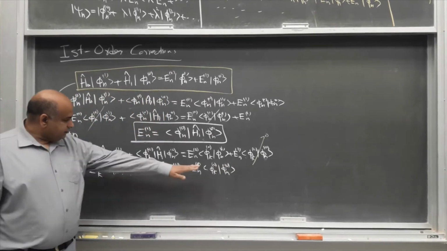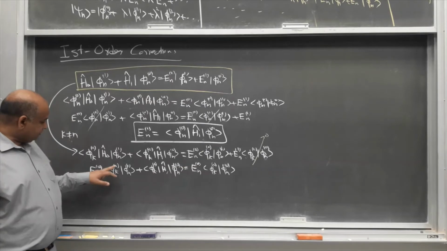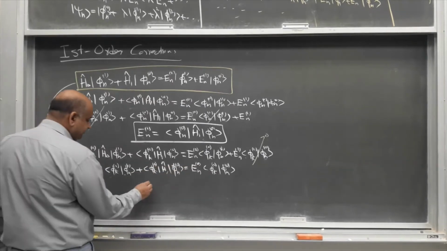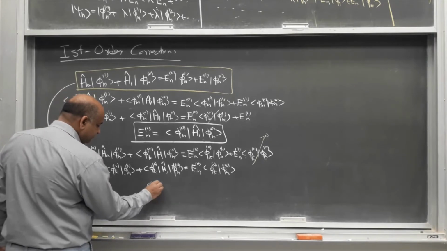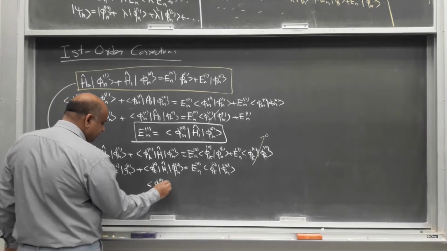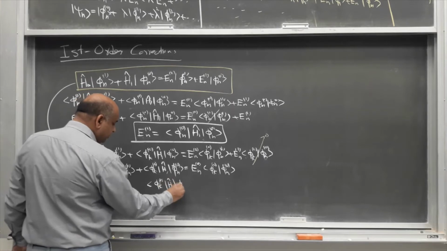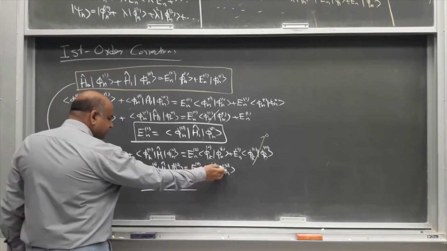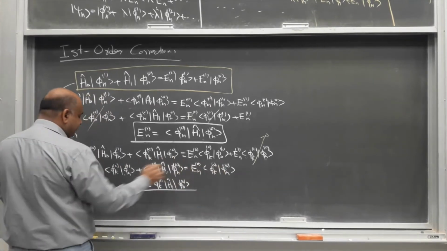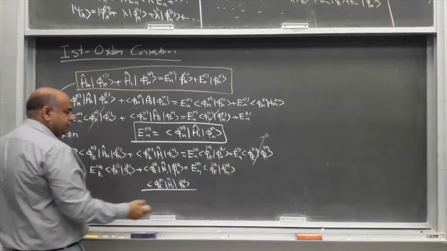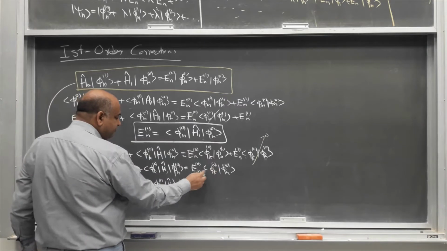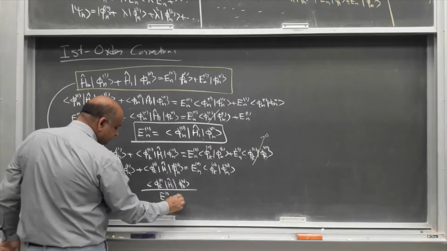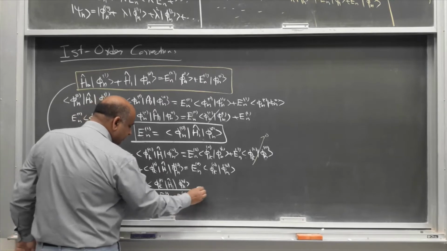We can take this to the other side, and there is phi k0 phi n1 common, so I take that common, and I will be left with En minus Ek. So let's bring that En minus Ek on this side.